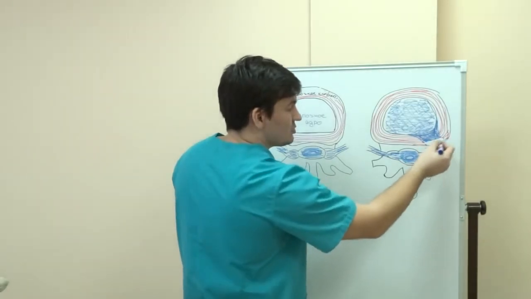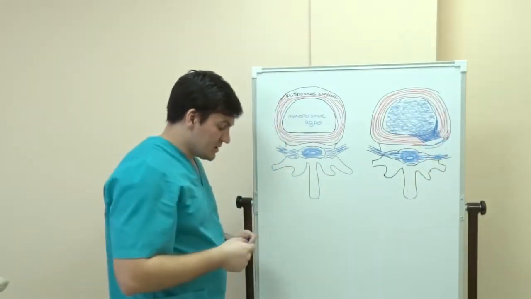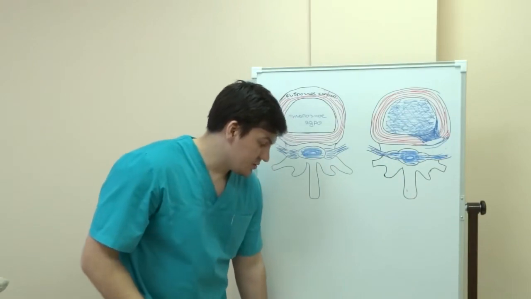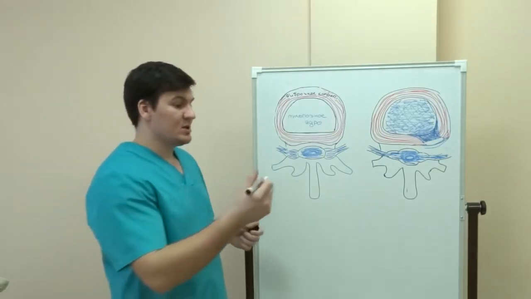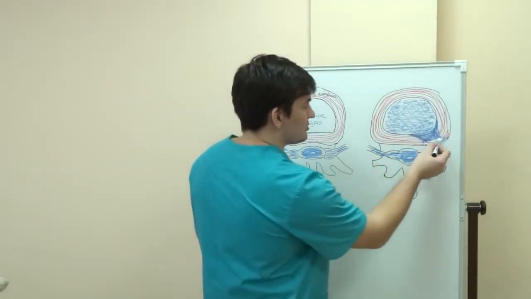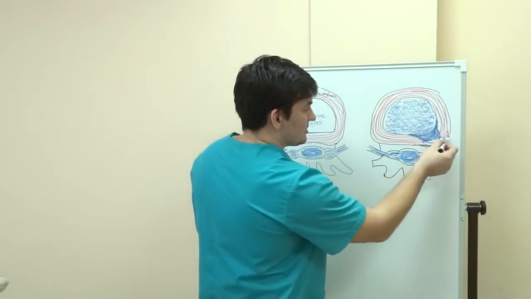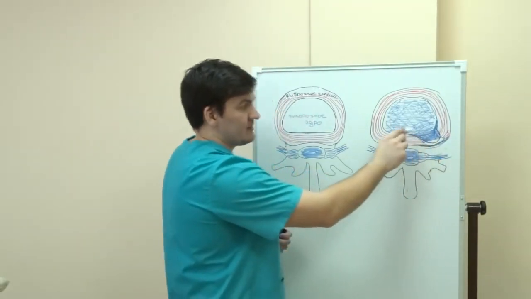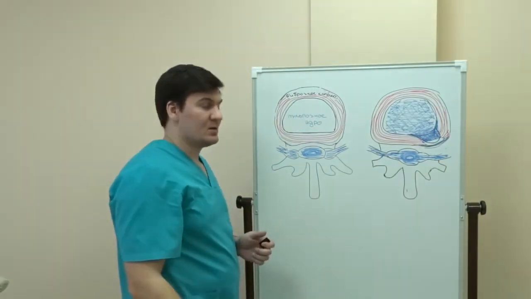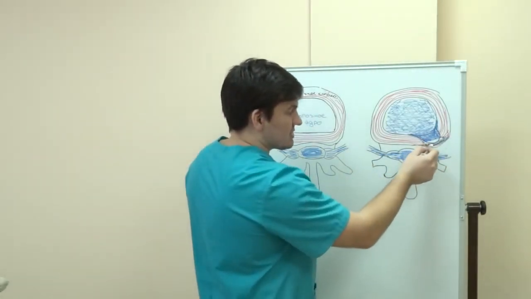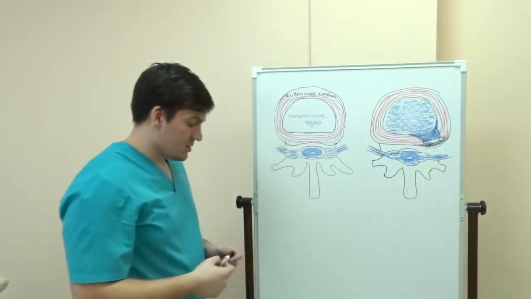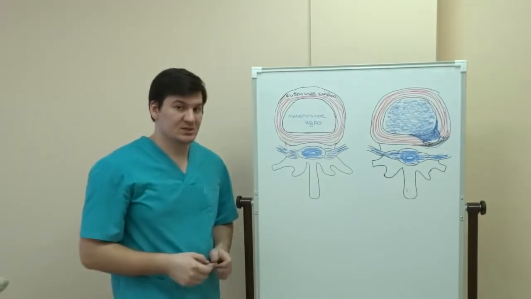A scar forms here, that is, the hernia again turns into a protrusion. A reverse process occurs. That is, a protrusion is formed again right here, just the ejection of the fibrous ring together with the pulposus nucleus at the beginning. And a scar has already formed here. Such a process was seen in dynamics in the pictures.